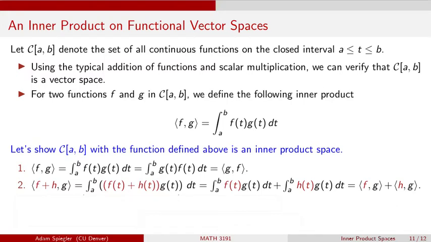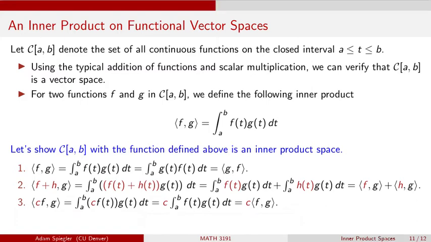We cannot split up products inside of integrals, but we can break up sums. So now that I've written the integrand inside of here as f times g plus h times g, we can split that sum up. So we have the integral from a to b of f times g plus the integral from a to b of h times g. So that exactly gives me the inner product of f and g plus the inner product of h and g. So the second property checks out.